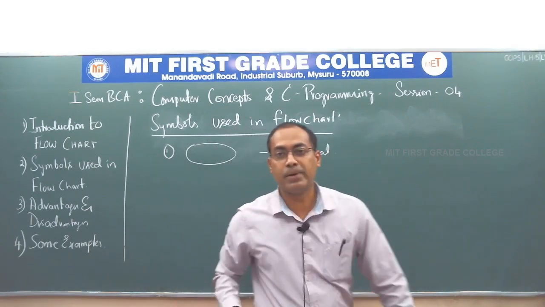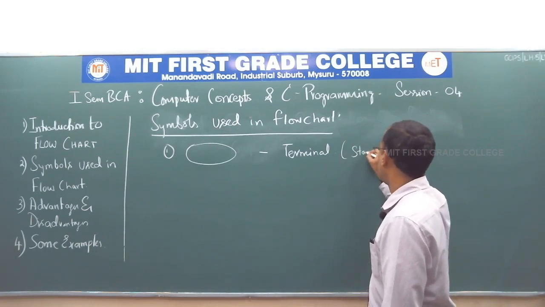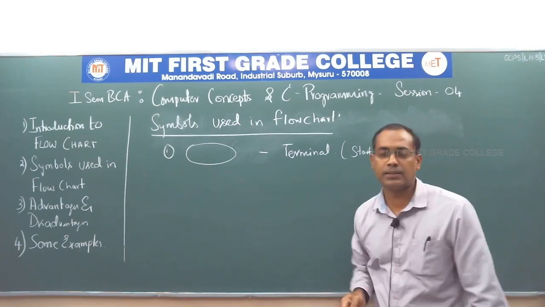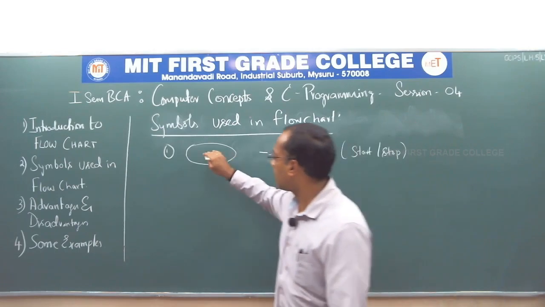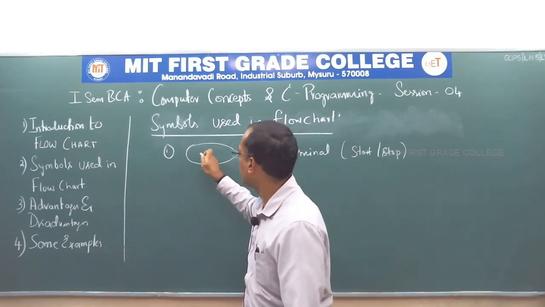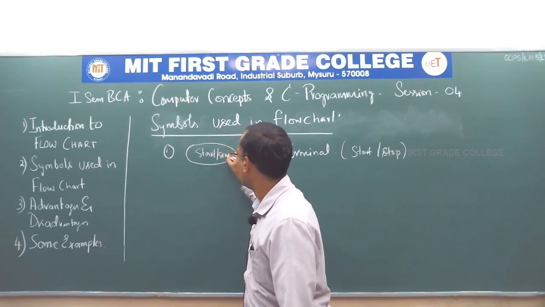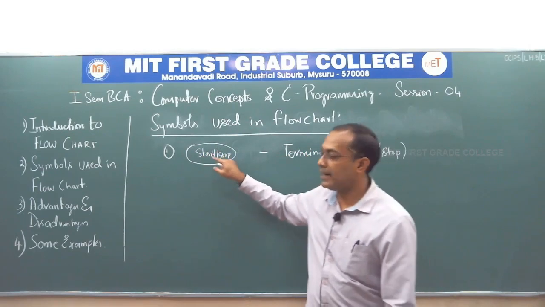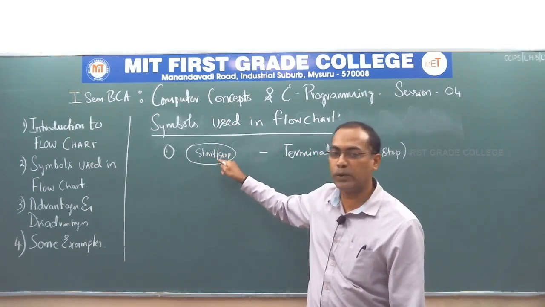This symbol you use to represent the start or stop of a process, that is, the starting and ending of a flowchart. So inside this you are going to write down either start or stop. Also you can use this symbol to write down the name of the module or a subprogram or subroutine.